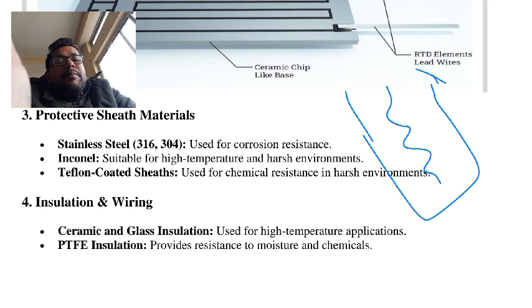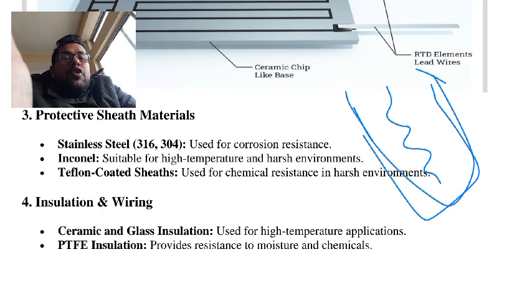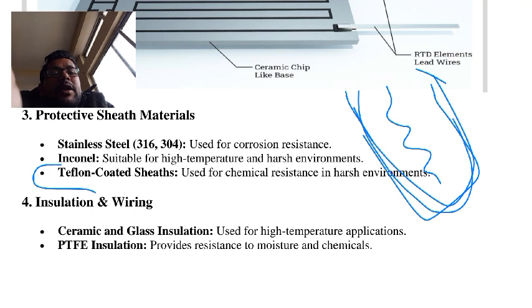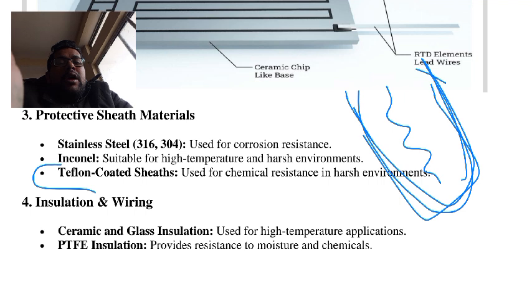That's why we need an outer sheath for temperature protection and corrosion, to prevent chemical reactions and so on. Inconel is suitable for high temperature. If we are using the RTD for high temperature, that time the protection material we can use is Inconel.